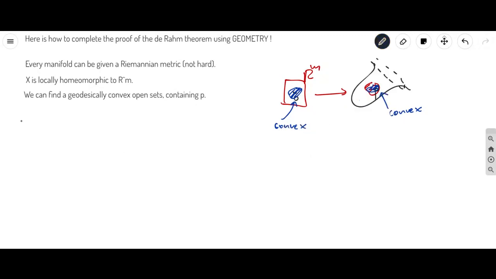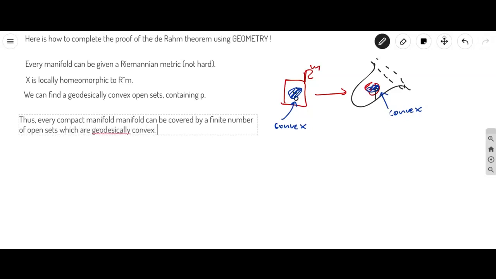Okay, so thus every compact manifold, it does not have to be compact, but every compact manifold can be covered by a finite number of open sets which are geodesically convex. In particular, the Rahm theorem is satisfied on each of those open sets.